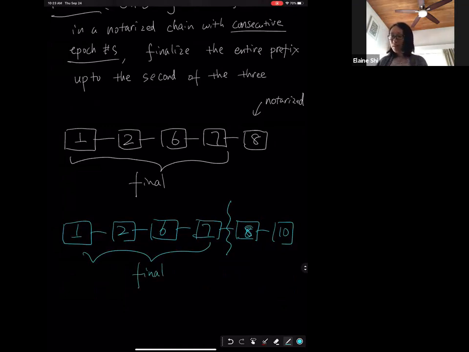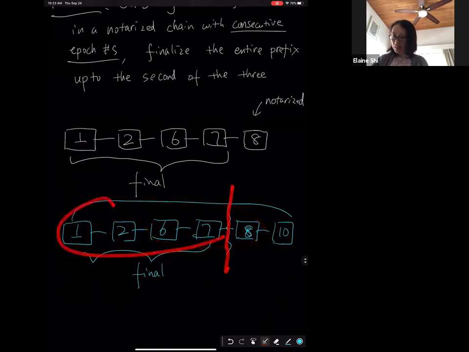If this is a notarized chain, then any prefix is a notarized chain too, right? If something is a notarized chain, then any prefix of the chain is a notarized chain too. So in this case, there's 10 at the end, but I still see a good pattern here, 6, 7, 8, and I can finalize this prefix.